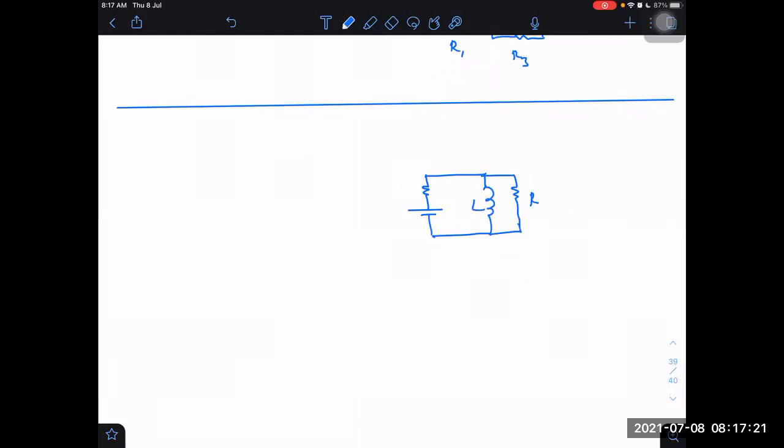It is R, it is L, and it is R, and this is V. What is the energy dissipated in capital R? This is a question from Pathfinder. What is the energy dissipated in capital R? Can you find it out?